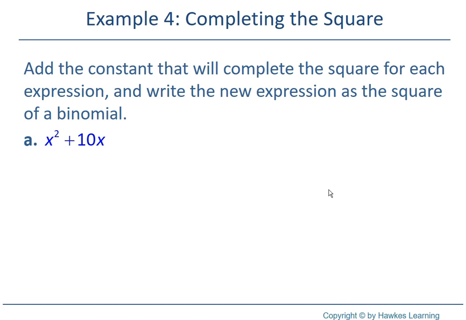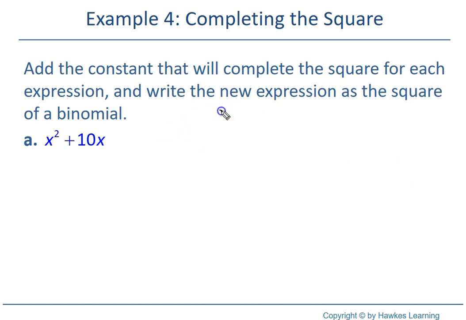Okay, now for this one, we're moving on to a process that we use a lot, which is called completing the square. So let me take you through this in some detail.